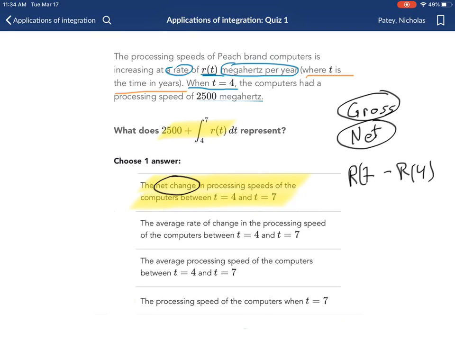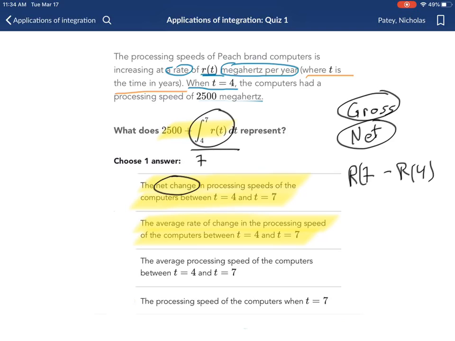The next one says the average rate of change of processing speed of computers between 4 and 7. The average rate of change would take this and divide it by 7 minus 4. That would be a rate, because it would add all the rates of change from 4 to 7, and then you would divide it.